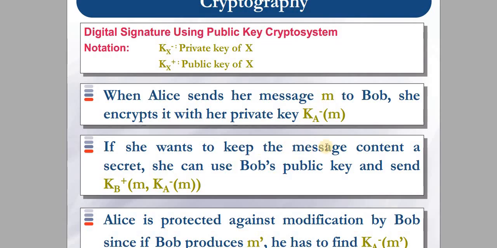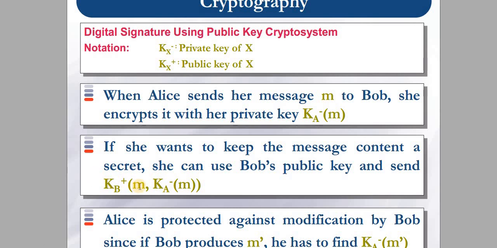If she wants to keep the message content, which is called a memo, a secret, we can use the receiver's public key and send it like, in this example, the public key of Bob, or in other words, the encryption of the message M and the signature using the public key of Bob.